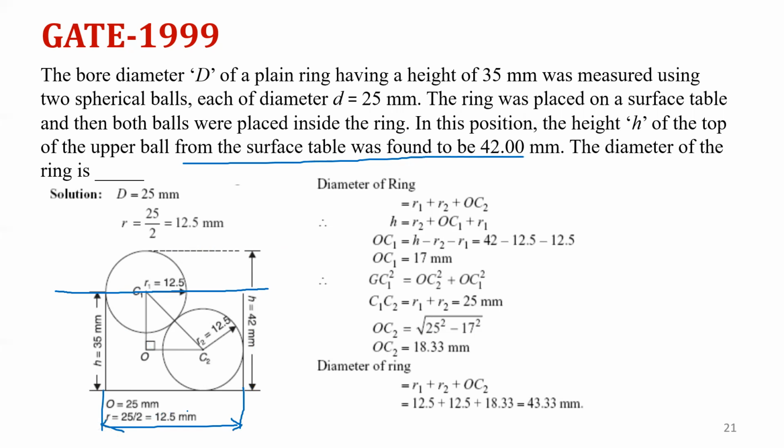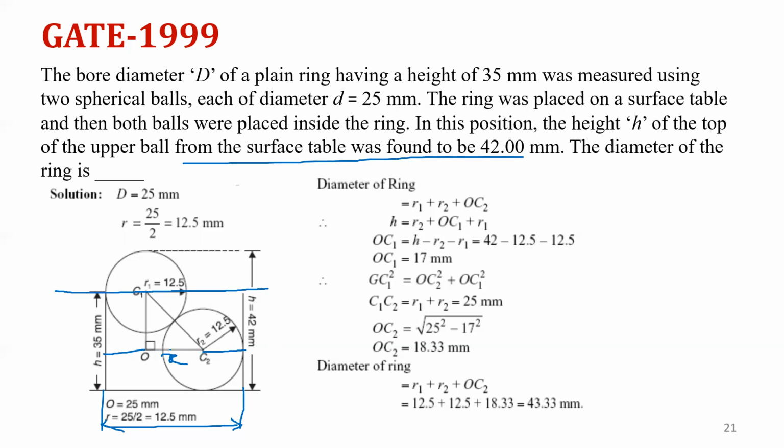In order to find this diameter, as you know, this length is a radius, and this length is also a radius because the balls have the same diameter. So if you find this x, we can easily find the diameter of the ring.